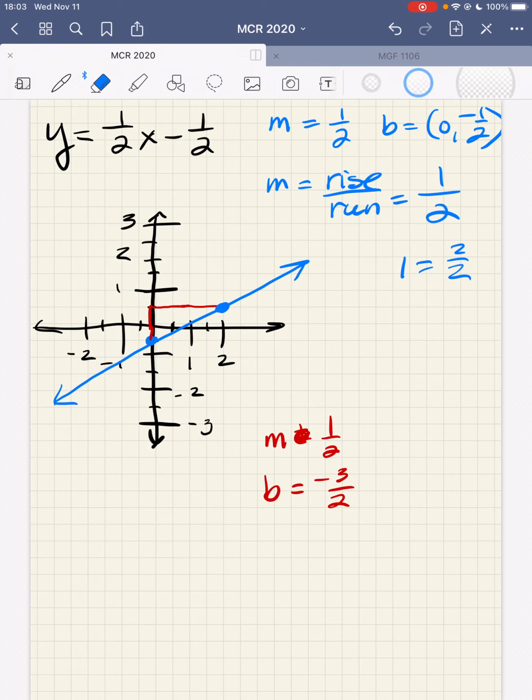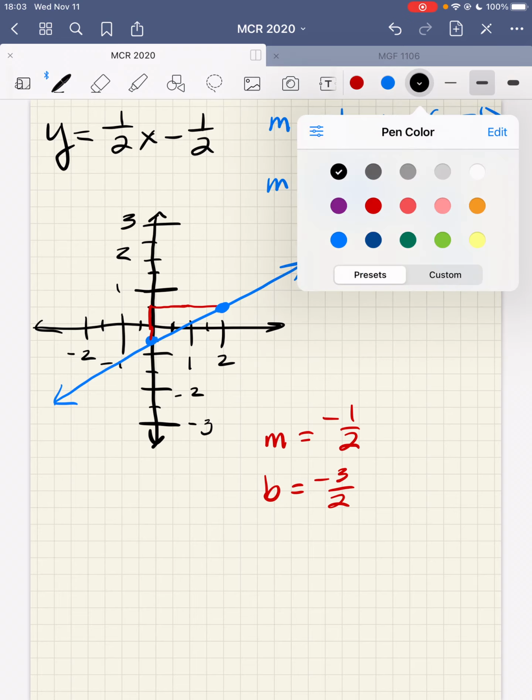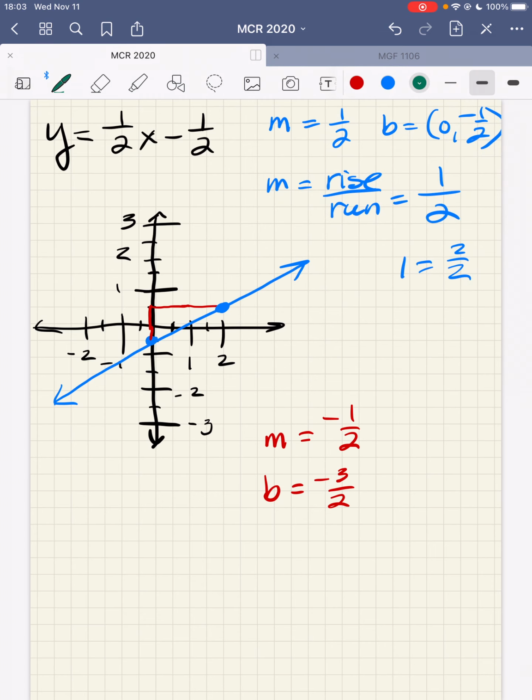Let's get really fancy with this, and let's be realistic and say, okay, my slope is negative 1/2. Okay, so I'm going to switch this color to green. My y-intercept is (0, -3/2).